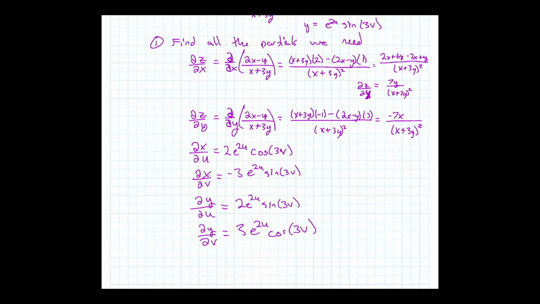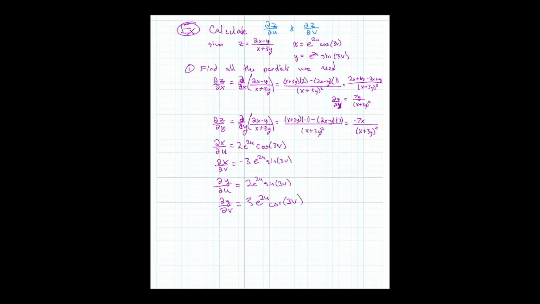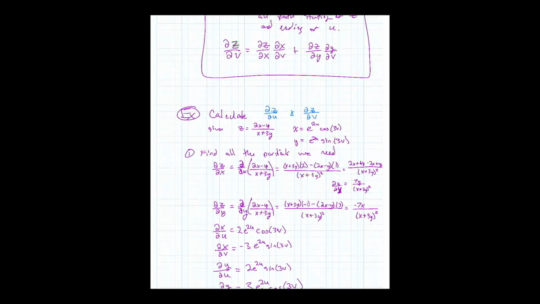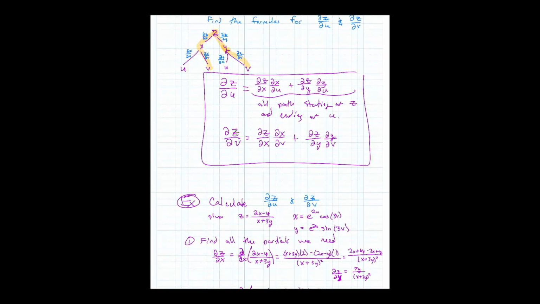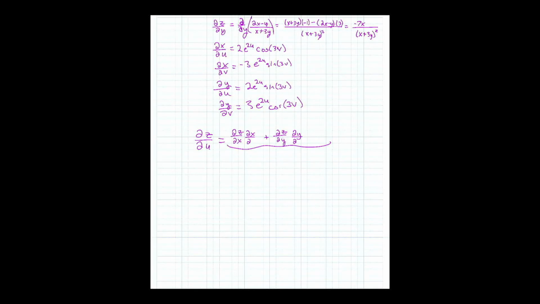So having done all of that, we should be able to combine this all and work out the derivatives that we need. If we are trying to calculate partial z with respect to u, we'll have this one. So let's just write it out. Let's use the formulas from the tree.